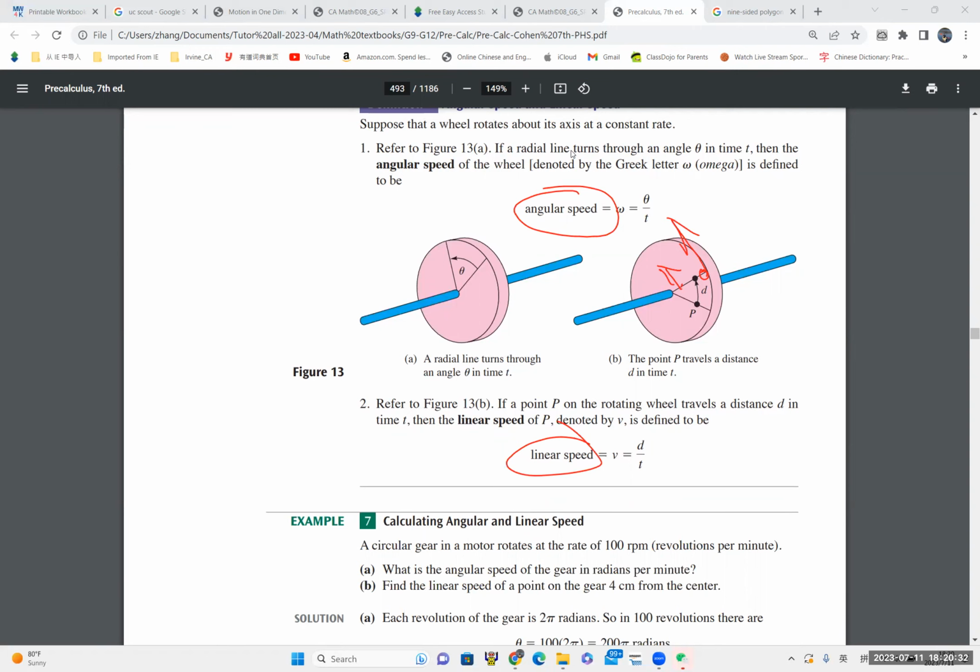You can say linear speed equals angular speed times the radius. So on the same disk, the omega is the same. Then the bigger the radius, the bigger the linear speed.